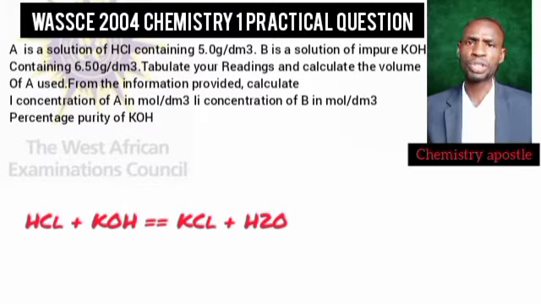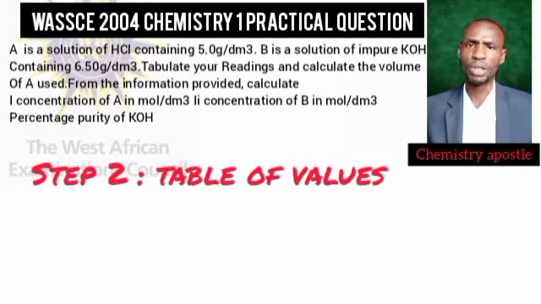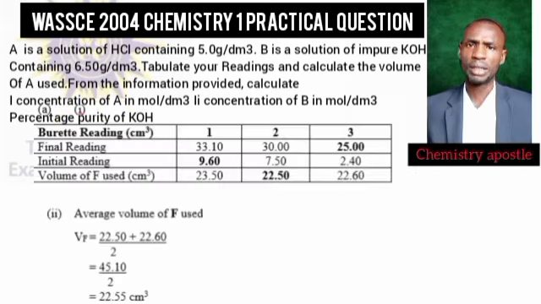Then we proceed to the formulation of our table, whereby we are going to get our titer value. From the table we have the final burette reading, initial burette reading, and the volume of acid used. The volume of acid used is gotten by subtracting the initial burette reading from the final.